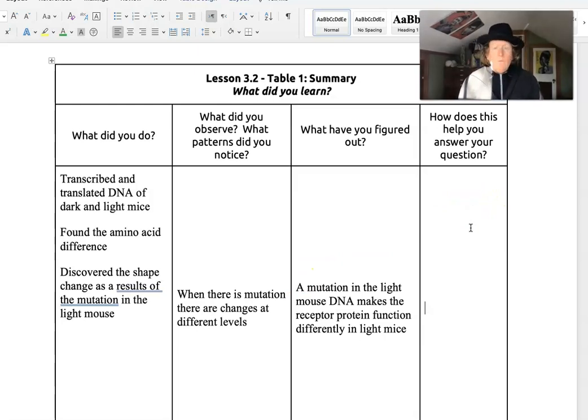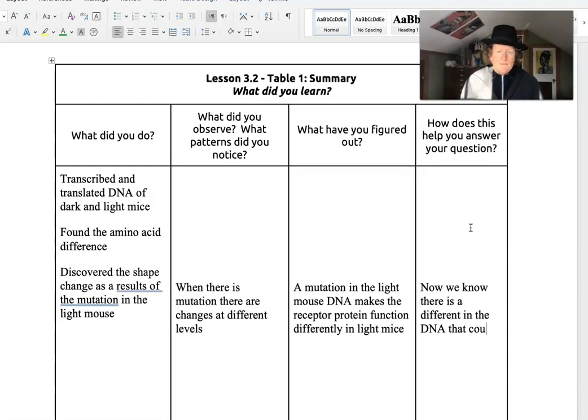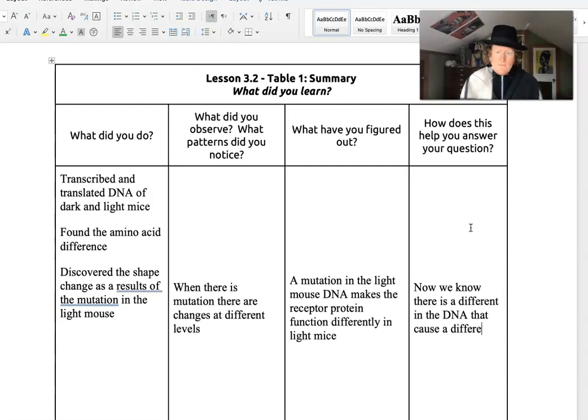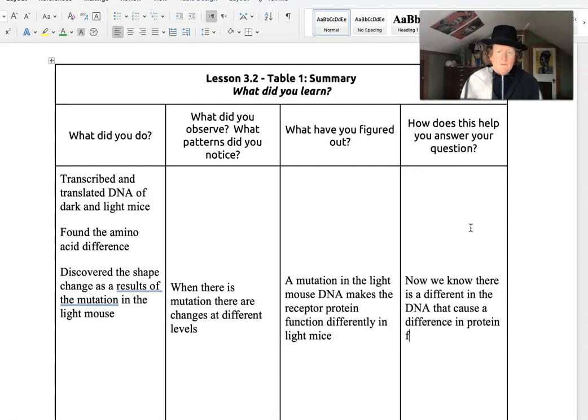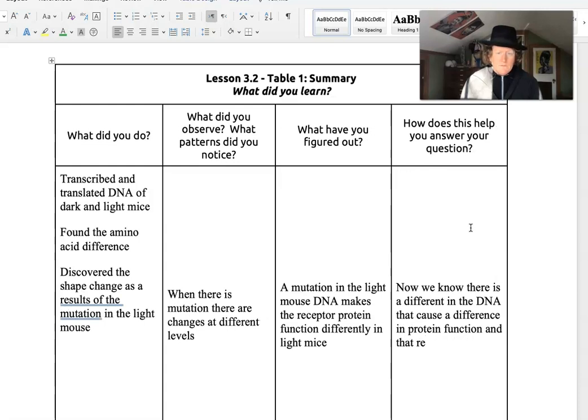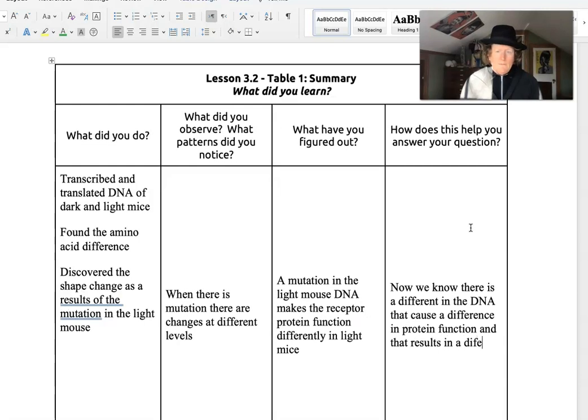Well, our question is, what is the actual cause of the difference between light mice and dark mice? And now we know it's a difference in the DNA that causes a difference in protein function, and that results in a different color.